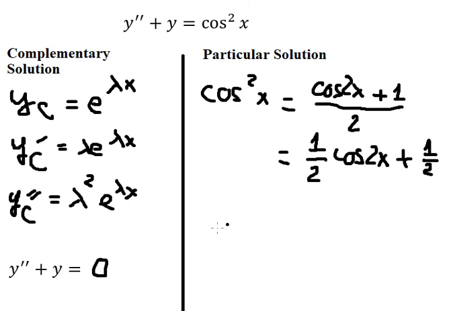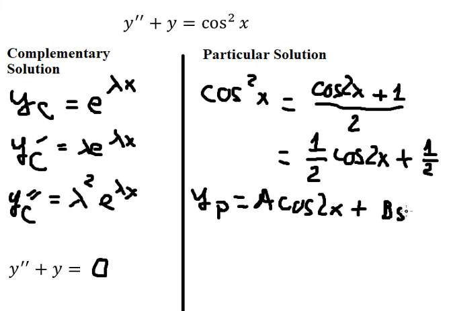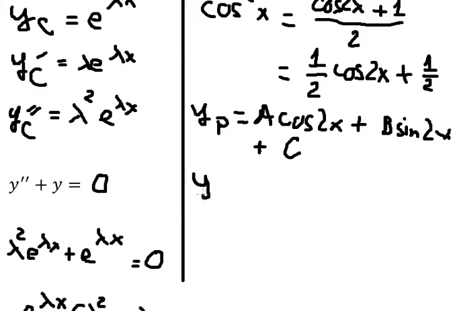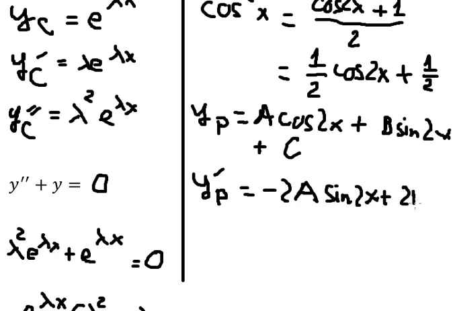So for yb, I need to put a cosine 2s, b sine 2s, and c, that is the constant. If we do the first derivative of yb, we have negative 2a sine 2s, and we have 2b cosine 2s. This one, that is the constant, so you get 0.